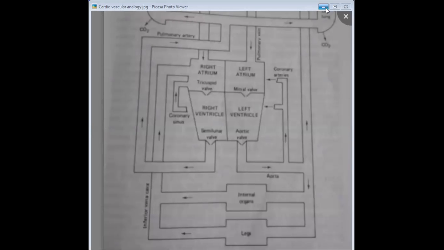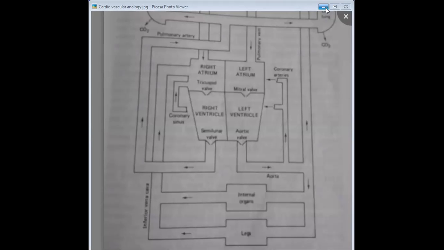In the lungs the blood is purified and oxygenated blood is generated, and from the lungs the purified blood fills the left atrium in this way.